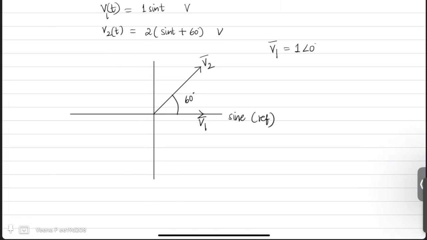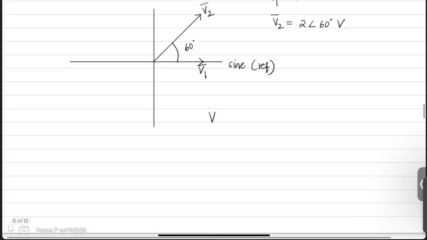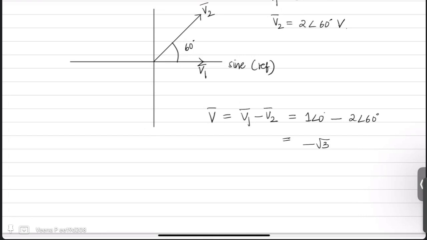Now V2 has magnitude 2 and angle 60 degree from the reference axis. Therefore V, which is V1 minus V2, will be 1 angle 0 minus 2 angle 60 degree. This comes out to be minus root 3 j, or root 3 angle minus 90 degree.